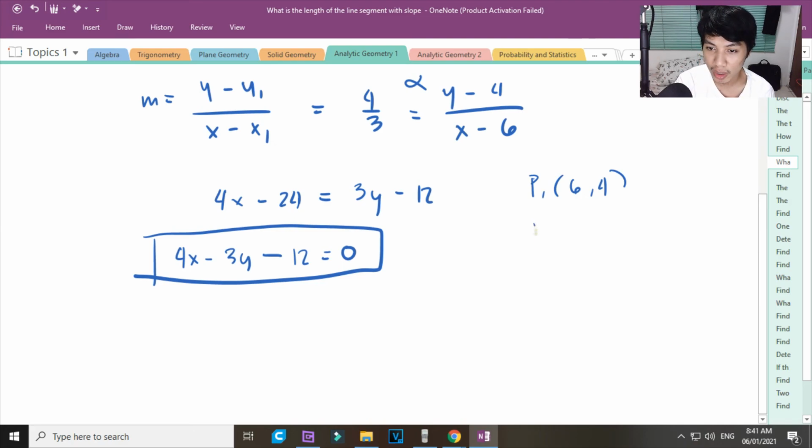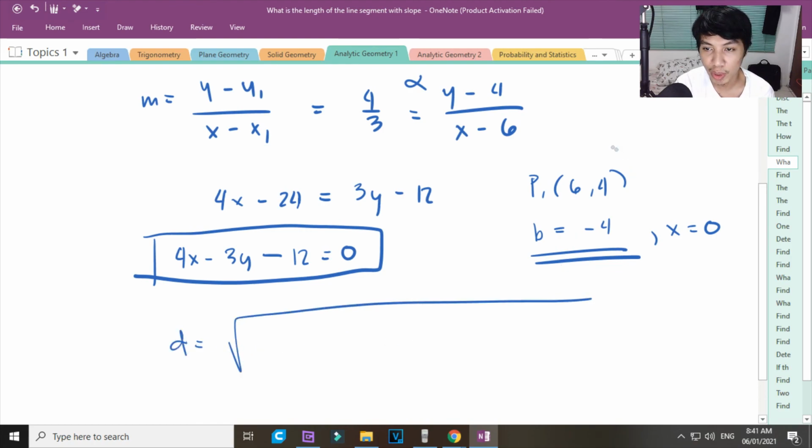What is its y-intercept? b is negative 4. At the y-intercept, your x is 0.